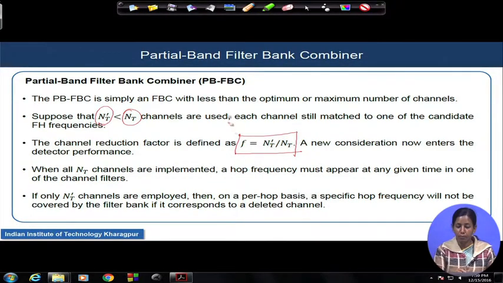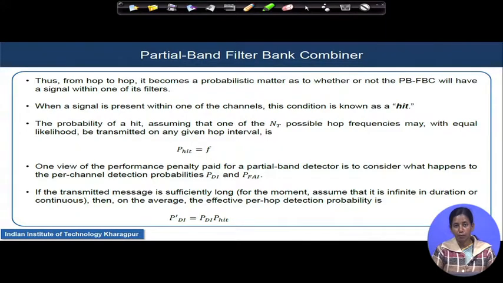But in the case of PB FBC, when N dash T channels are employed, on a per hop basis there may be a probability that you capture the particular hop signal or you may not, depending on whether this channel is designed for that hop. So some of the hop channels you will miss, and some you will get. So there is always a probabilistic matter added to this PB FBC.